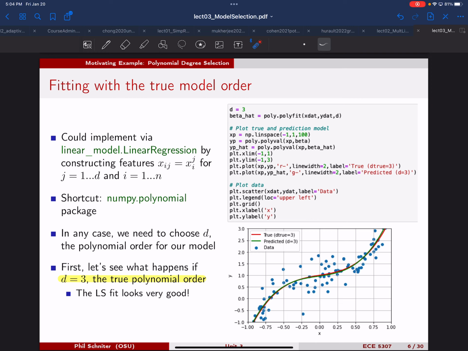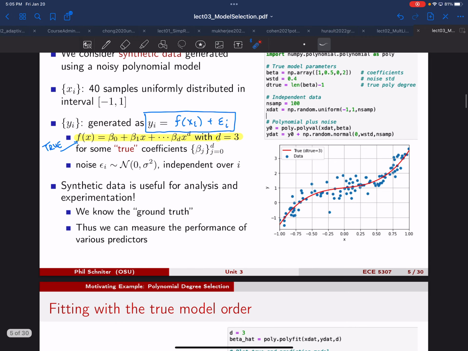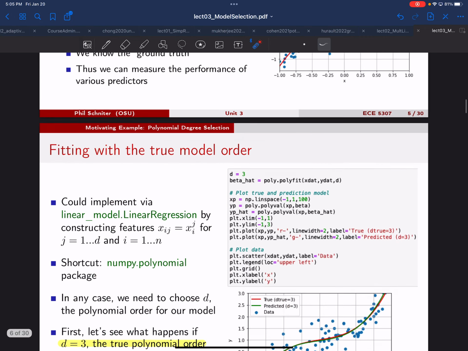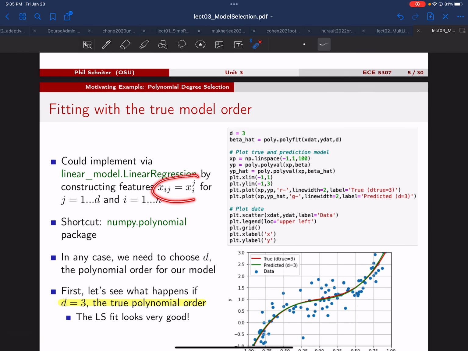So a little bit of detail about how we actually did the fitting. In the last unit, we learned about linear regression that we could use in Scikit-Learn, and that's definitely an option. You would need to take your original data x and create a new data set where you expand it into however many features you need for D. We're going to do something just a little bit different.